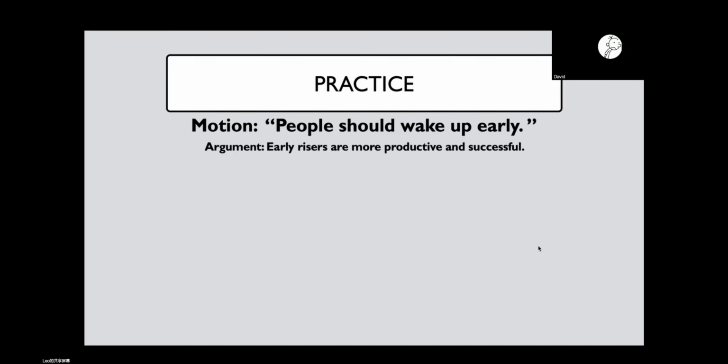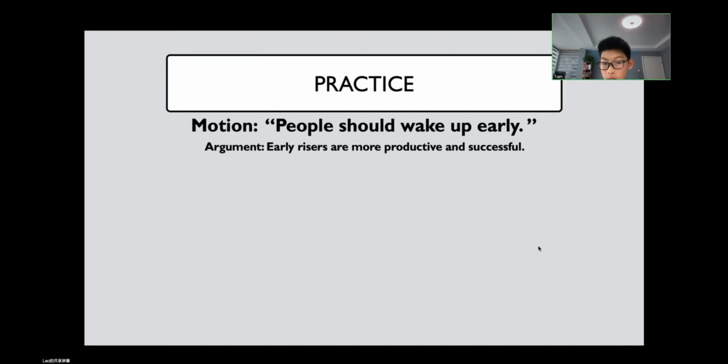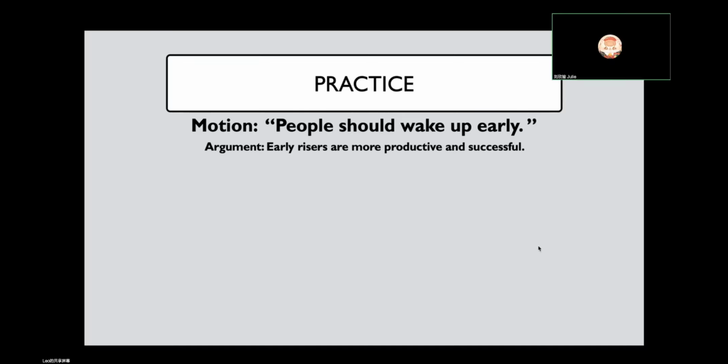May we have someone else also come up? We have Julie. Can you present your rebuttal? If we get up early, we will have more time to work and be able to finish tasks earlier.